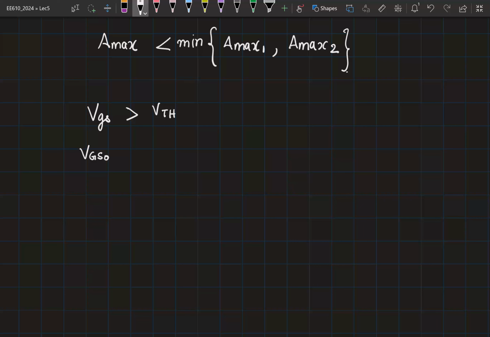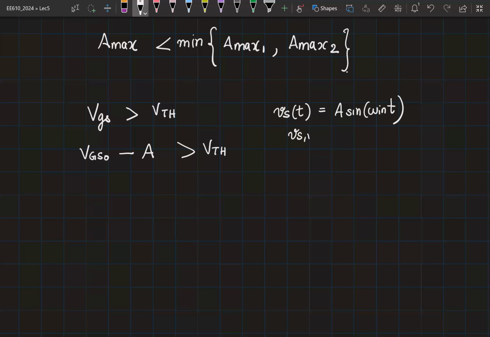The bias point VGS0. Let's look at the negative cycle. In this case, it would be minus A, greater than VTH. So I'm assuming that the small signal you are applying is of the form A sine omega t.